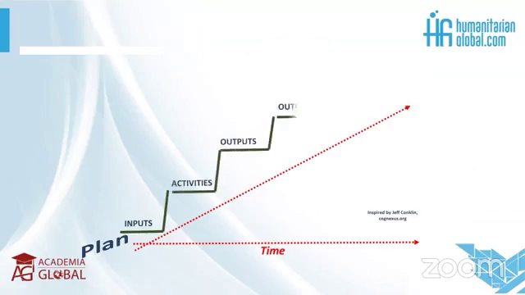So most of the time, this is how change has been brought to us, as though it is a linear occurrence: if we have these inputs, if we have resources, a trainer, a venue, materials, then we are going to be able to do a training. If we do a training on entrepreneurship, or on HIV prevention, or on climate smart agriculture, then we will have our farmers using modern farming methods.